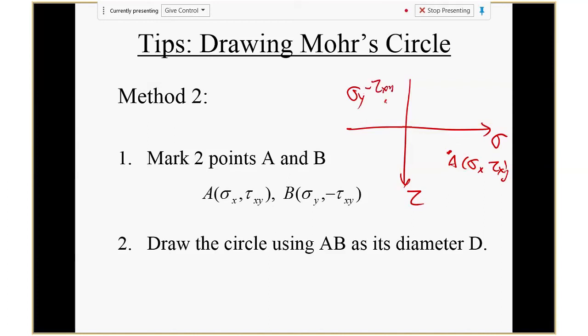So this distance and this distance are equal. One is positive tau xy, one is negative tau xy. Then you just draw a line between them, and that's the diameter of the Mohr circle. Then you draw the circle with this diameter. That's it.